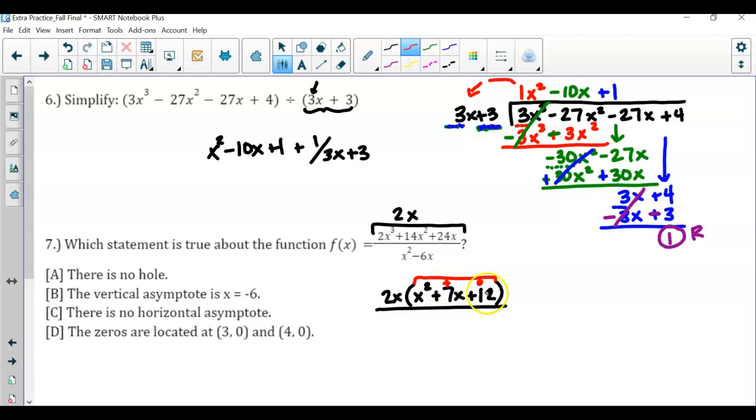Yes, 4 and 3. So really the numerator, with our GCF of 2x, is x plus 4 times x plus 3 times that GCF of 2x. Then in the denominator, we again have a GCF.